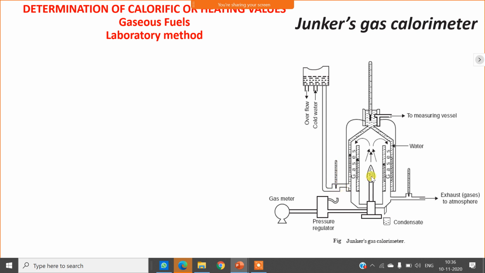After combustion, water absorbs the heat from the flue gases and the temperature of the water increases, and the final temperature of water is measured by another thermometer. At the inlet to the calorimeter the temperature measured by the thermometer is T1 and the temperature of hot water measured by the second thermometer is T2.